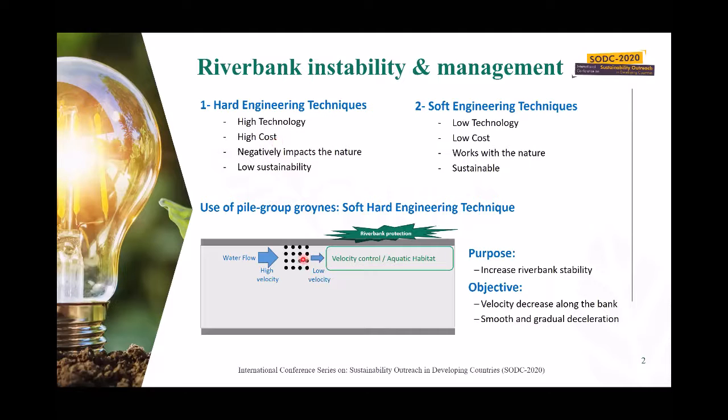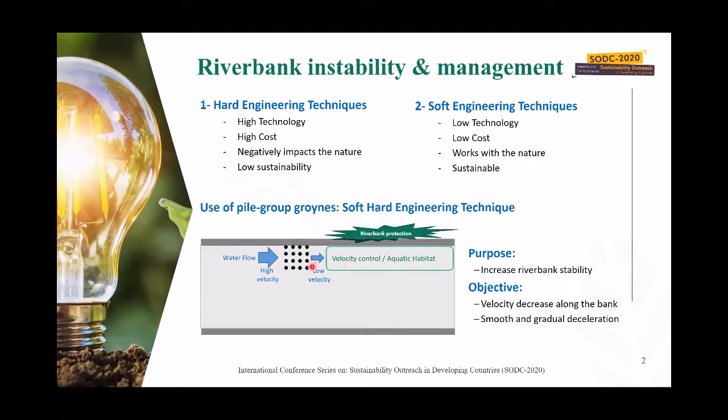it does not negatively impact the environment as the other man-made structures, because it creates a favorable aquatic habitat behind the structure that is most favorable for the fishes during the high water stage and low water stage.